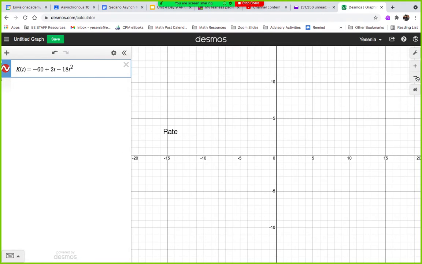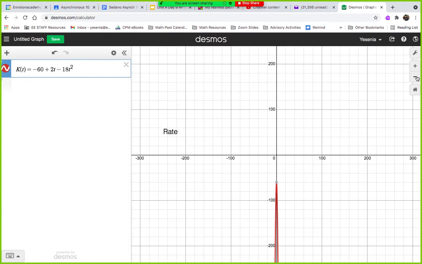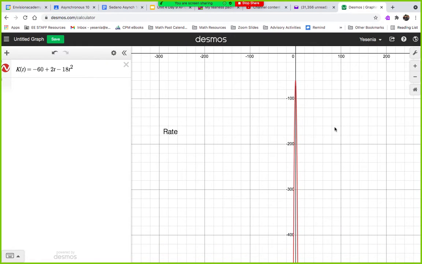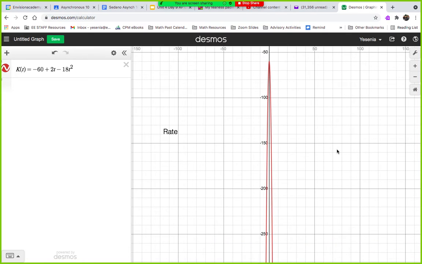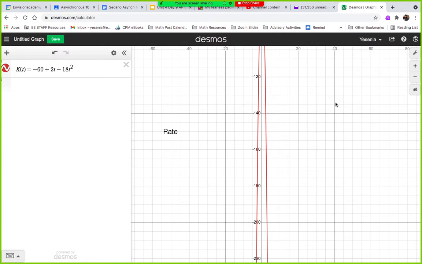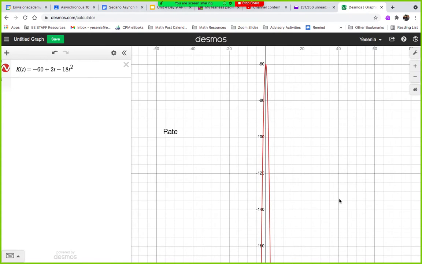And let's see what it looks like. So it looks like it's in the negative range. And remember what this rate graph represents.